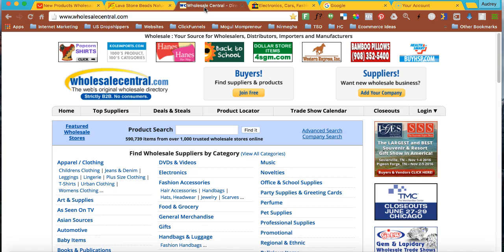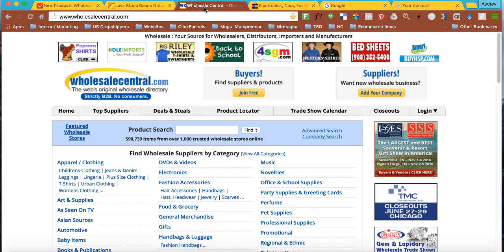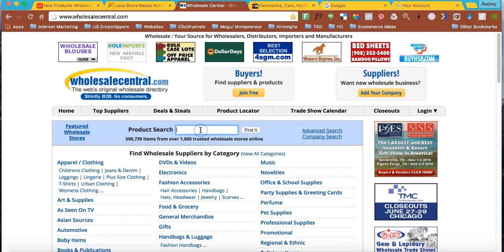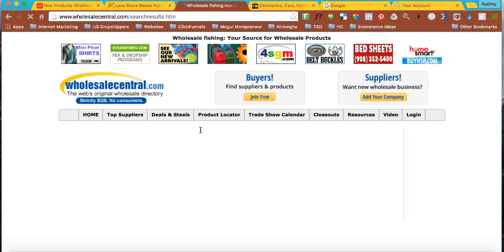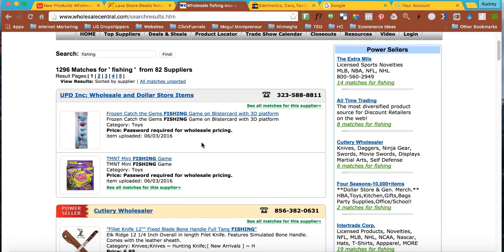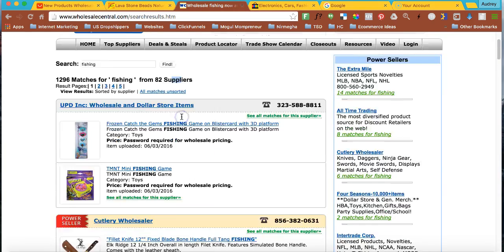You have to order wholesale. But sometimes you'll find that there are vendors that will drop ship. So this is a directory. Basically you put in the keyword that you're looking for. So let's go back to fishing, and it'll give you a range of suppliers that have fishing products. As you can see, there's 82 suppliers here.